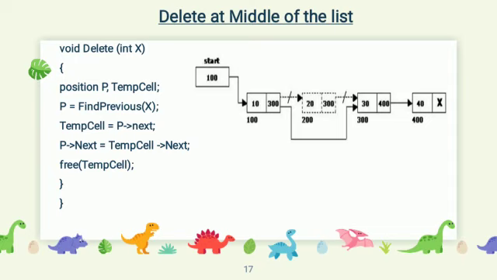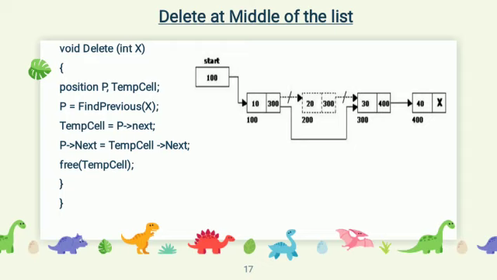Next we see how to delete one middle element from the list. Here the return type is void and my function name is delete mid. Here we give one input, that is the x value, the data value of the node we are deleting from the list. First declare the position of temp cell and the previous node of temp cell.